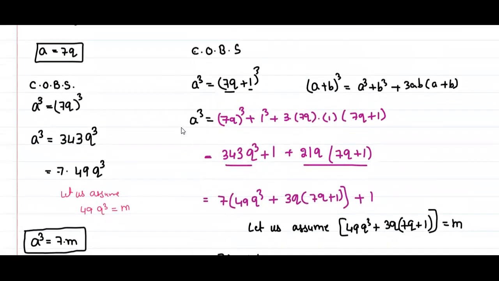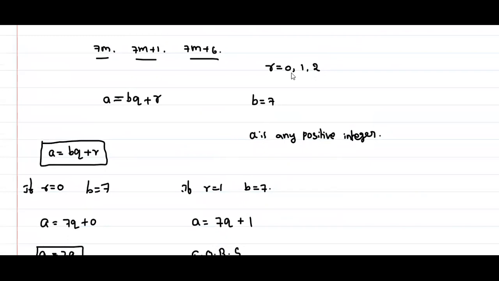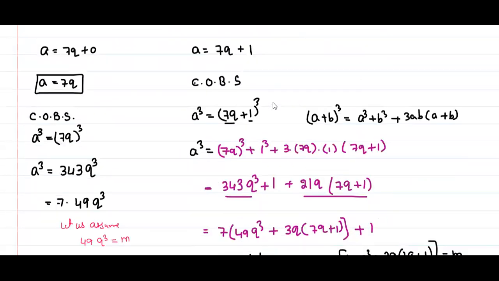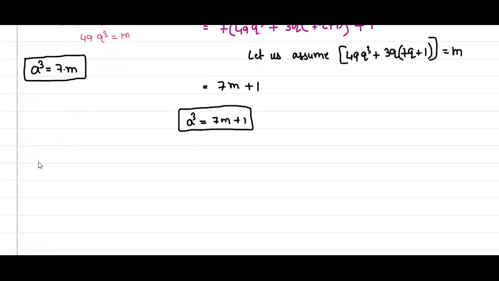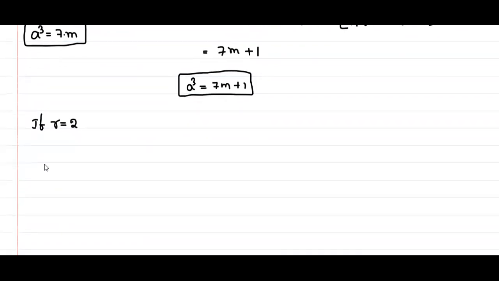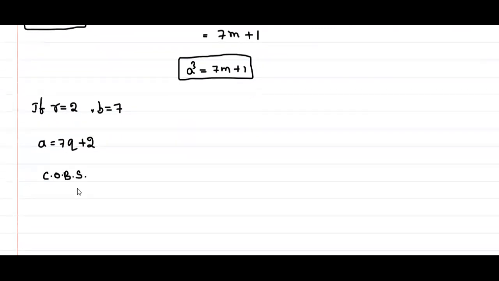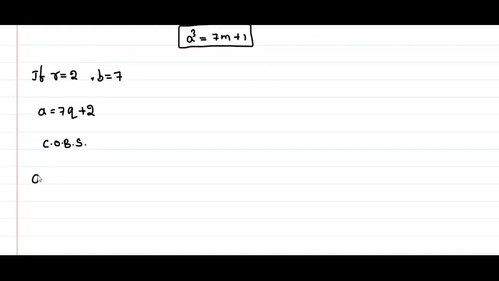Now consider one more. If r is equal to 0 is over, r is equal to 1 is over, and now take r is equal to 2. Now if r is equal to 2 and b is equal to 7, a is equal to 7q plus 2. Cubing on both sides, a cube is equal to 7q plus 2 whole cube.